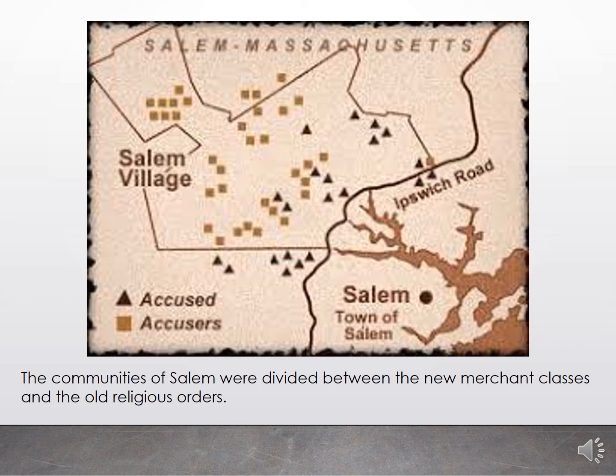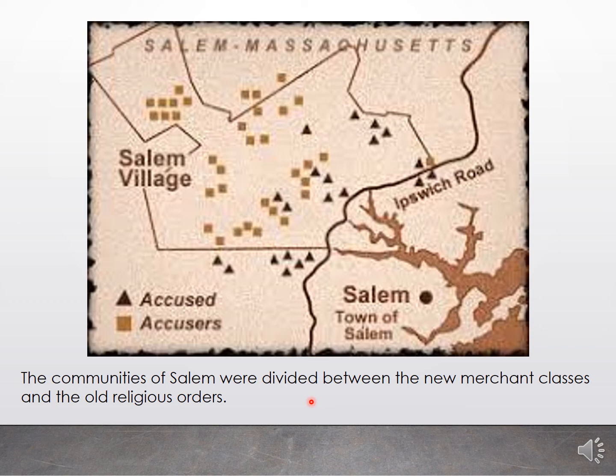So here you have a map, and I'm just going to point something out on this map. So this was a map that was made by historians who studied this event in colonial history, and they wanted to know what were the locations, what were the residences of the people who were being accused of witchcraft and the people who were the accusers.